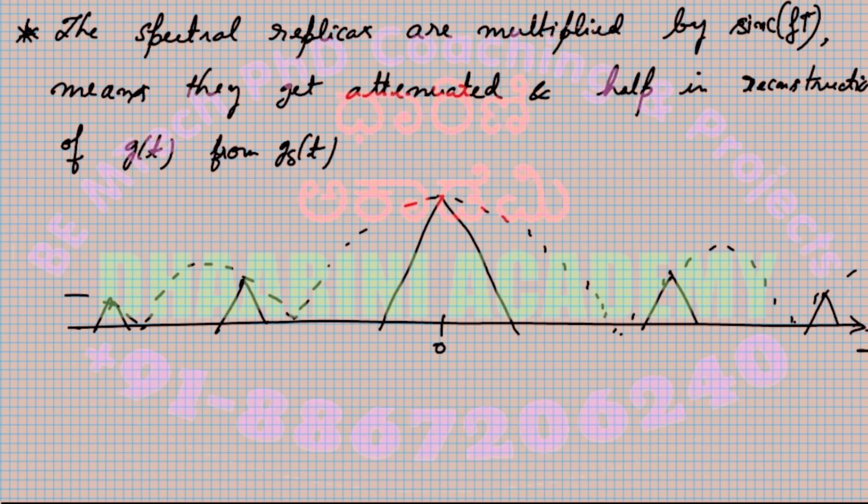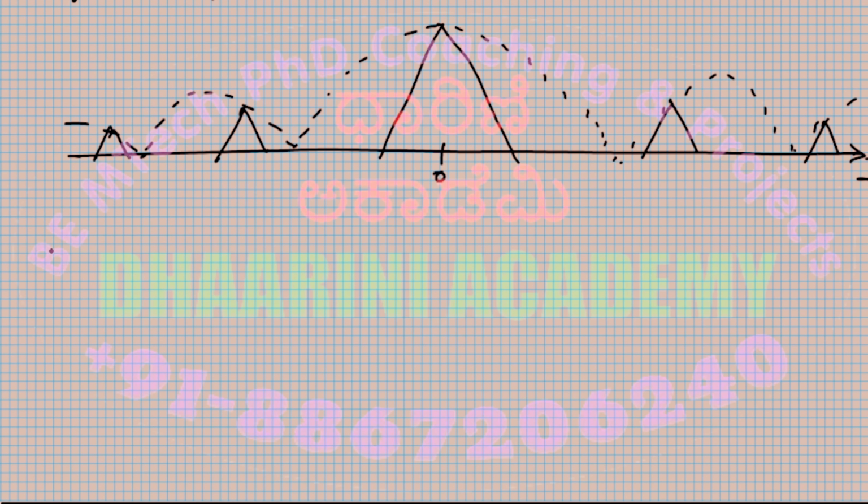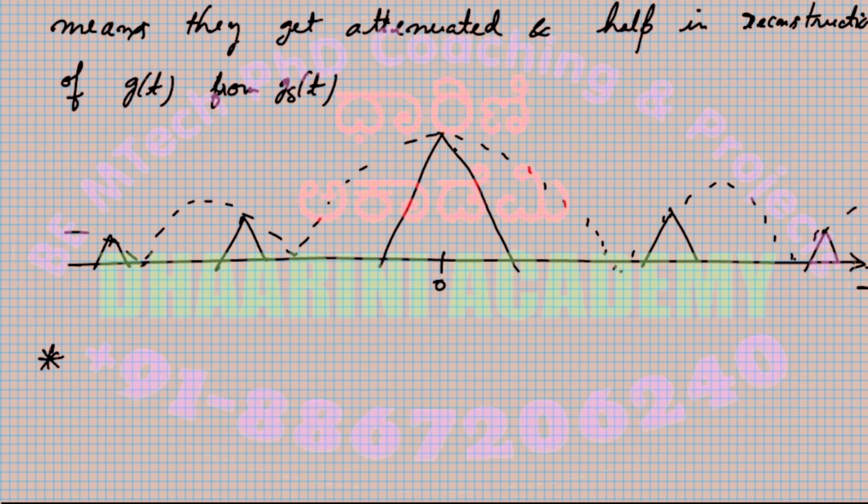Okay, now we need to talk about the sinc function again. The sinc function in this expression of h of f means it is a low pass filter, and it attenuates the upper portion of the spectrum that is centered at f equal to 0. Now you see, this is going to happen if your message spectrum is in the same range.